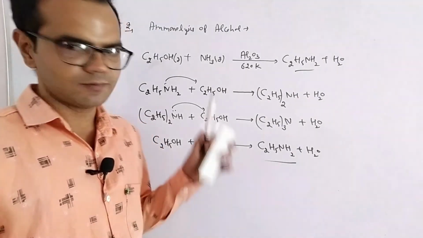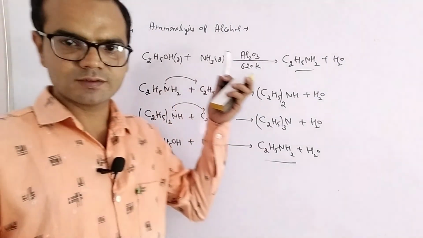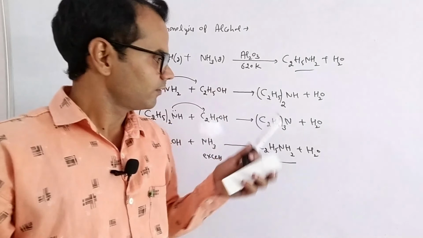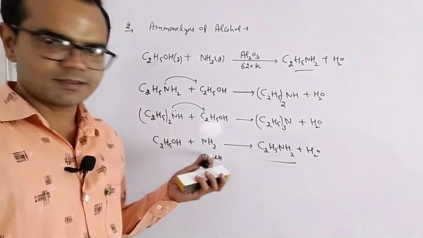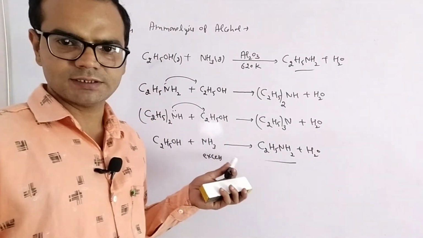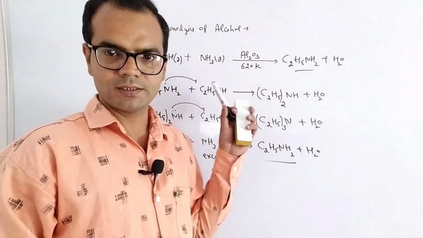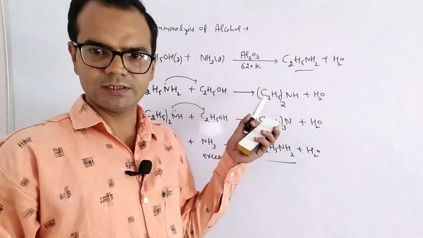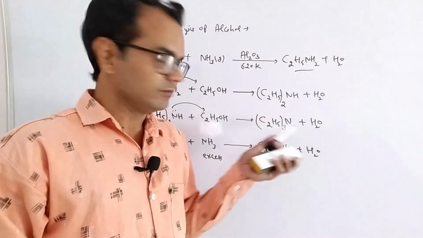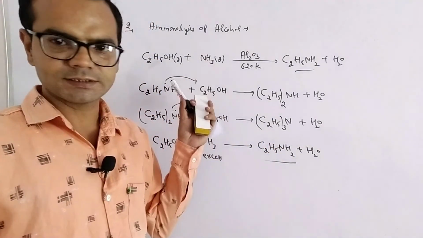So by Hoffmann ammonolysis and by ammonolysis of alcohol, we can prepare primary amines if ammonia is taken in excess. If ammonia is not in excess, then in both reactions a mixture of amines is formed. That's why both methods are not preferable to prepare amines. There is a limitation of both reactions.